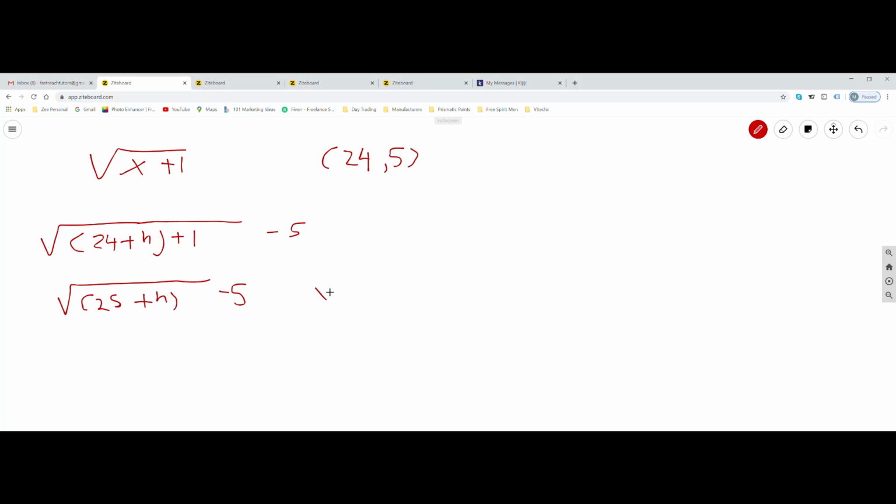So we should multiply by the conjugate, which is square root of 25 plus h plus 5.